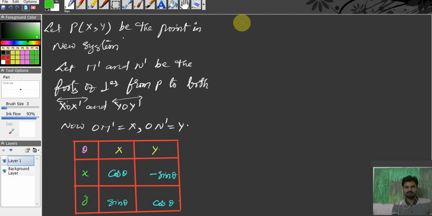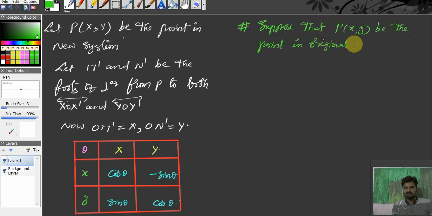Suppose in a problem, P(small x, small y) is the point in the original system, and some theta is also given in the problem.